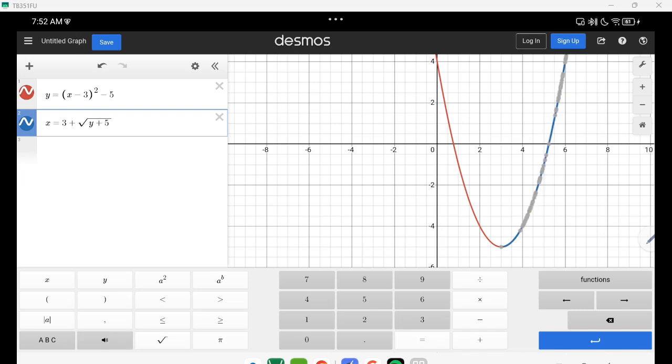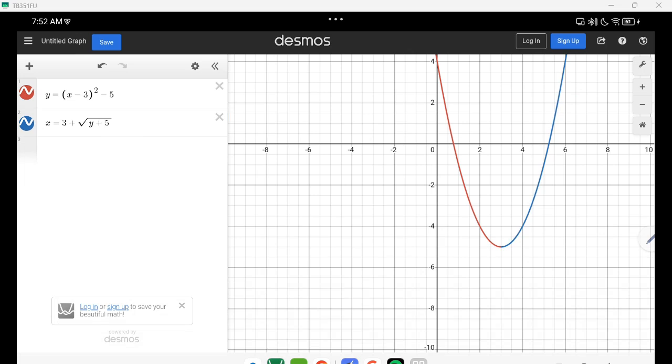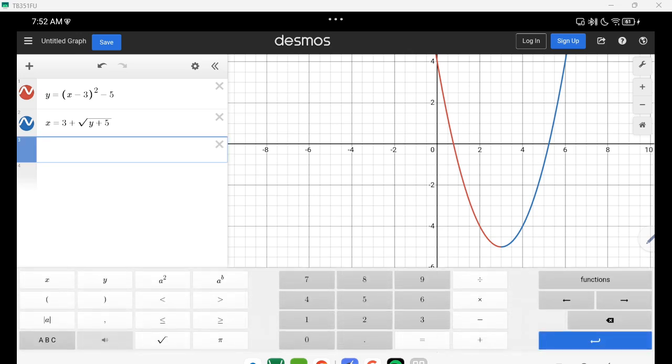And you notice when I type that in, it gives me the right-hand side of the parabola, which, when we're going from left to right, is what we're thinking of as the upper function. And then when I do the 3 minus the square root of y plus 5, that covers the other side of the parabola.